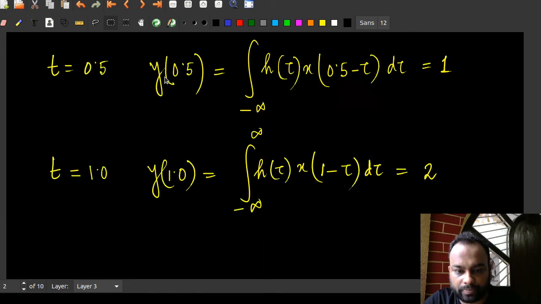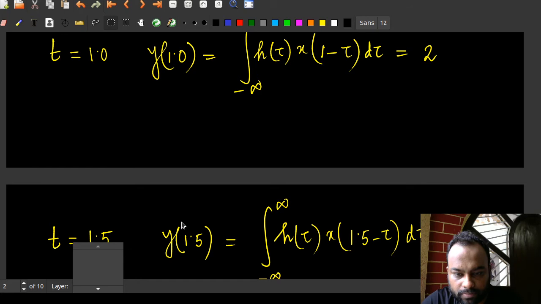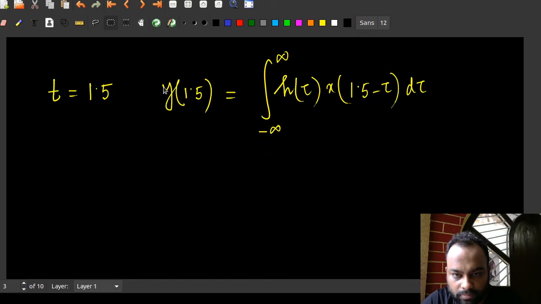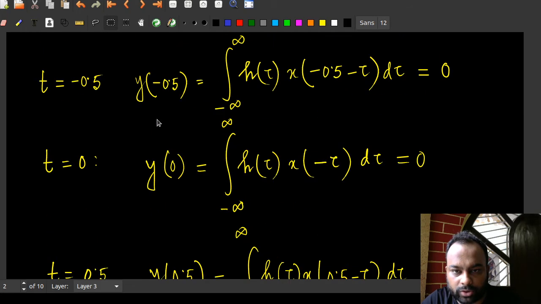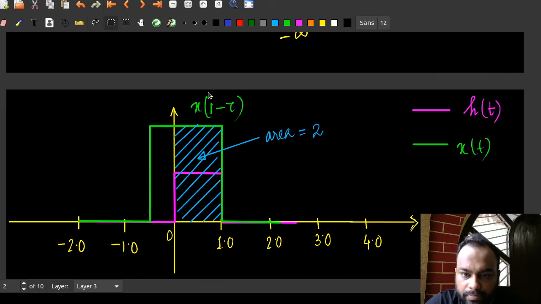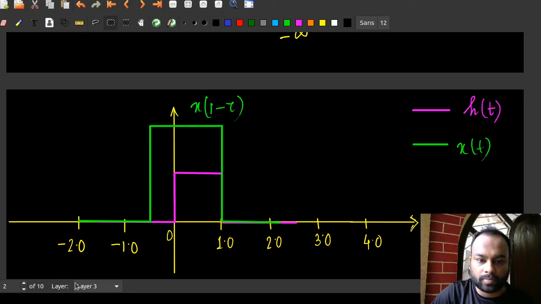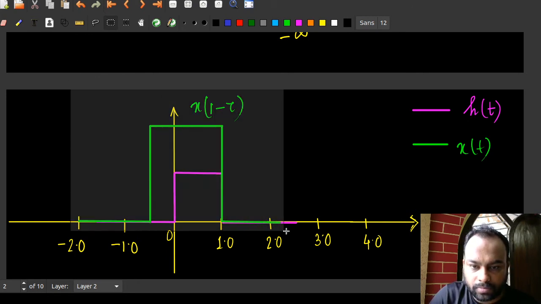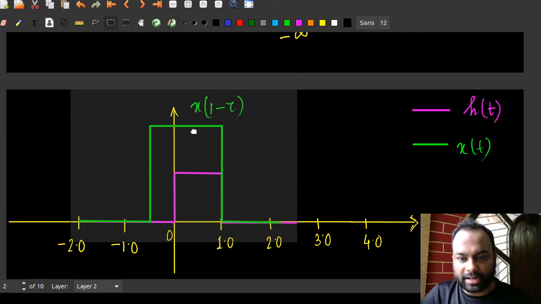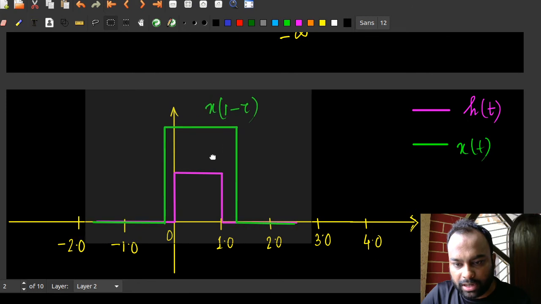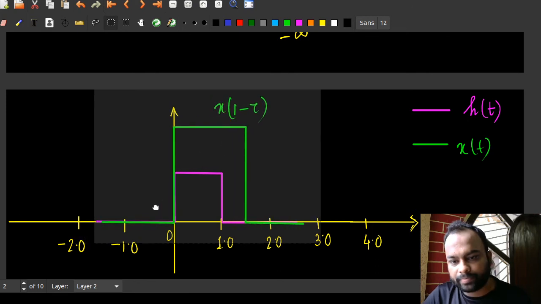No issues, right? So we're calculating x of 1.5 minus tau. So that will be a little more right shift, like that.